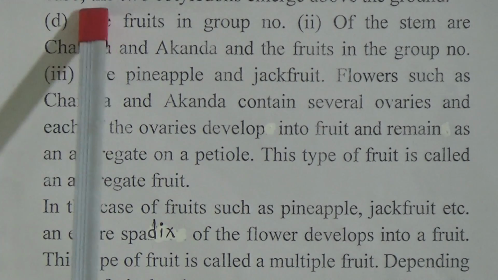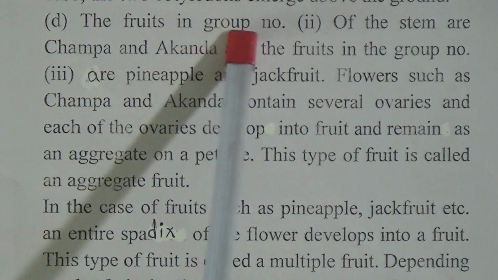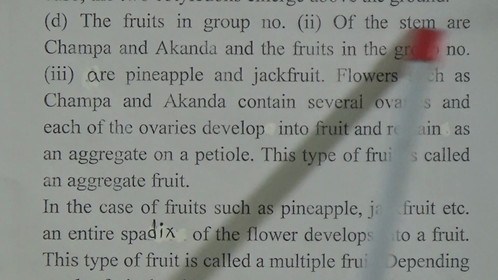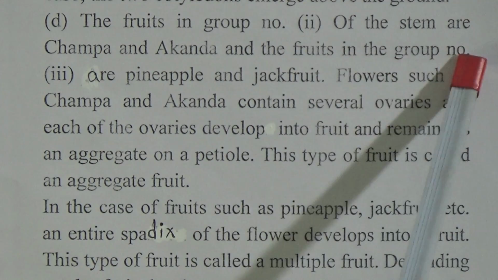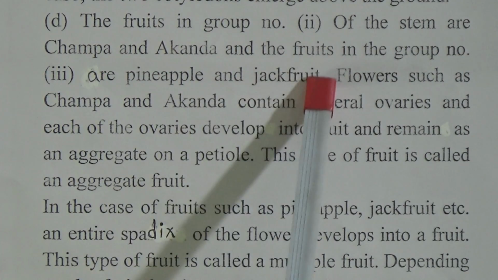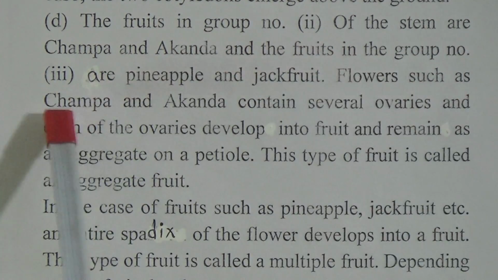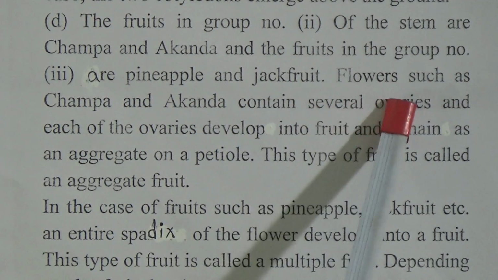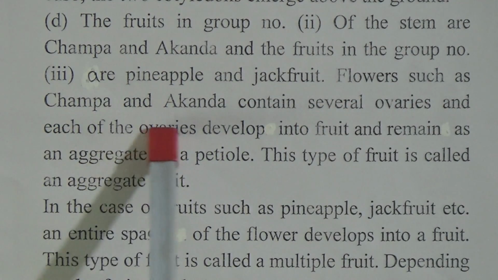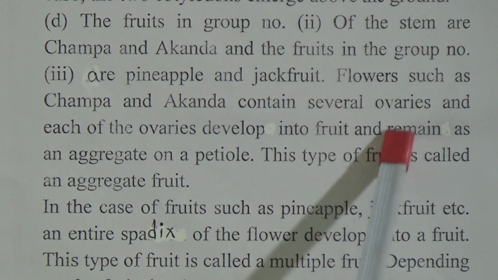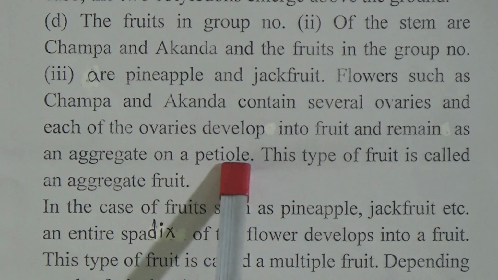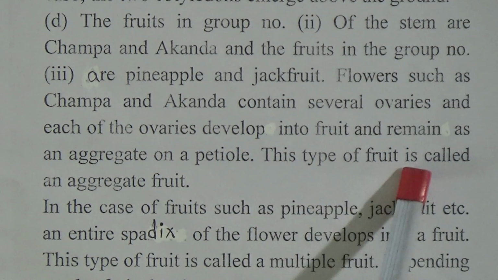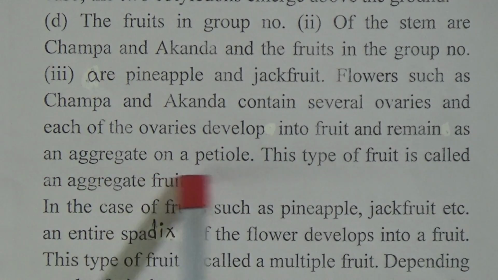The answer is, the fruits in group number 2 of the stem are champa and akanda, and the fruits in group number 3 are pineapple and jackfruit. Flowers such as champa and akanda contain several ovaries, and each of the ovaries develops into fruits and remains aggregated on a petal. These types of fruit are called aggregated fruit.